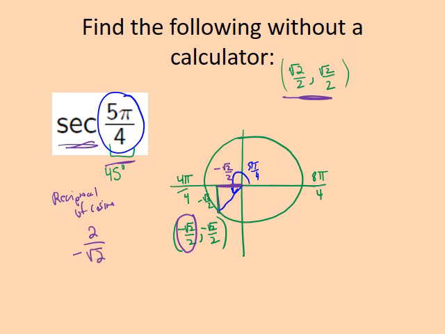Well, we need to rationalize, so we're going to multiply by root 2 over root 2. So we have 2 root 2 over negative 2. Now our 2's can simplify, and our final answer is just negative root 2. So the secant of 5 pi over 4 is negative root 2.